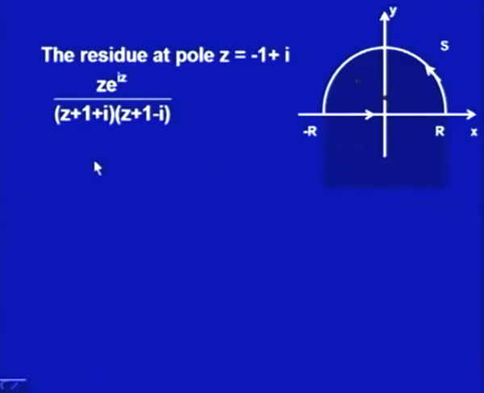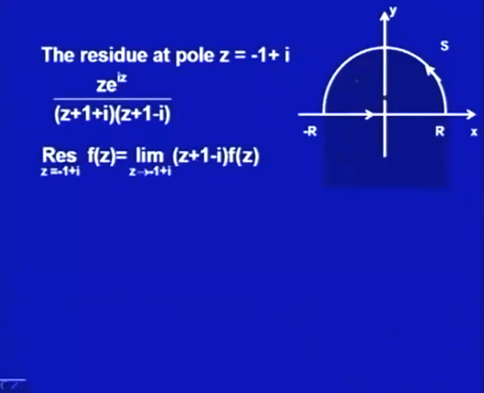We would use our first method of calculation of residue, which says that the residue of a function f(z) at z equal to z naught, when z naught is a simple pole, is the limit as z approaches z naught of (z minus z naught) f(z). So, here your z naught is minus 1 plus i.